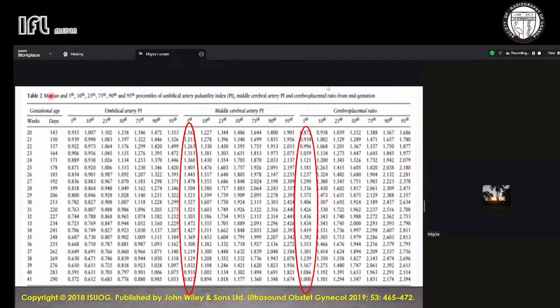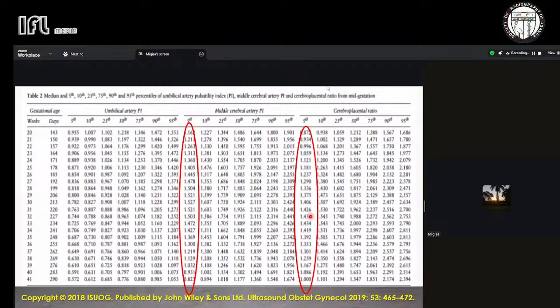For example, if I have a fetus of 33 weeks, and then I get a PI of, say, 1.2, at this point, it's less than the 1.4, which is the 5th centile. This is going to imply that this fetus is having a problem, a big problem. So you might need to alert the doctors or the clinicians concerned as per your departmental protocols.